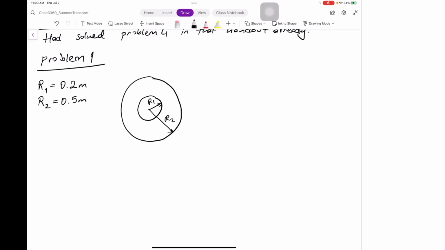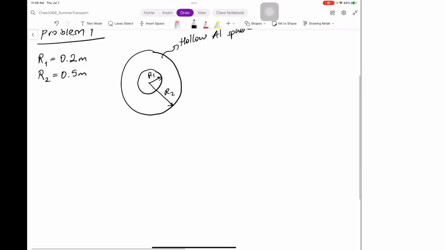And it's a hollow aluminum sphere. So my material is here. Okay. And the middle, the inner section, is empty.